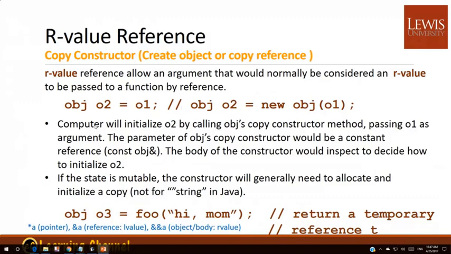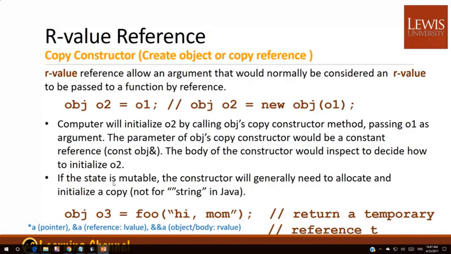This is the copy constructor. The computer will initialize O2 by calling the object's copy constructor method, passing O1 as argument. The parameter of the object's copy constructor will be a constant reference. The body of the constructor will inspect and decide how to initialize O2.